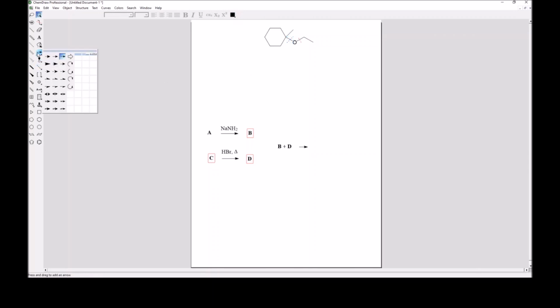Then we'll use our retrosynthetic arrows to ask the question, what can I make this compound up here from? So if we take these pieces here and here, then I'm going to cut this bond. The blue bond right here means I'm cutting that thing, and the red bond means I'm cutting that thing.